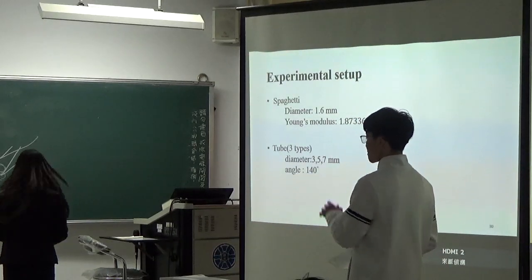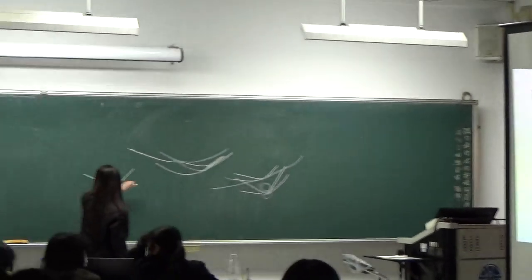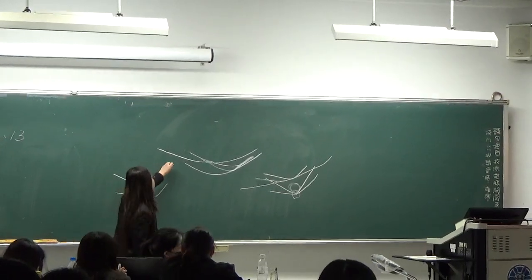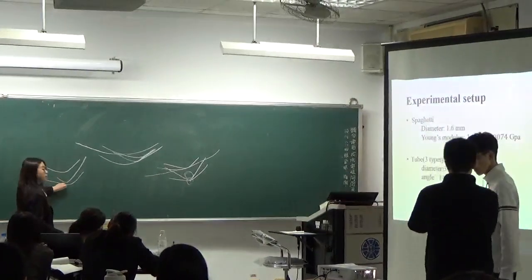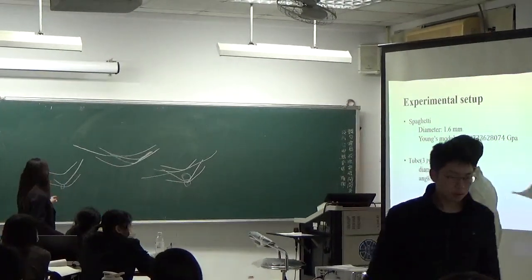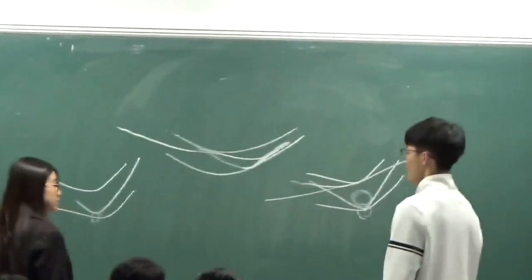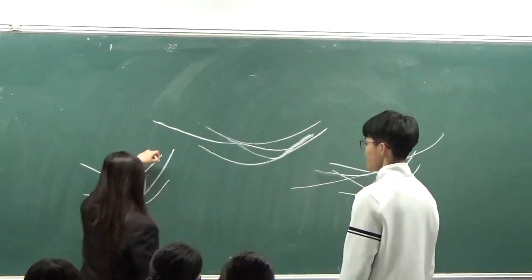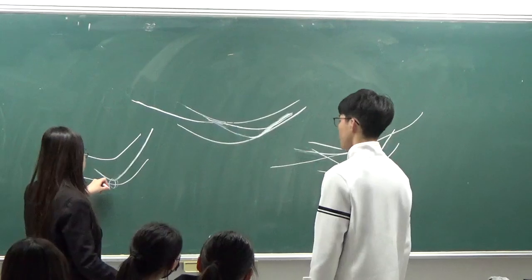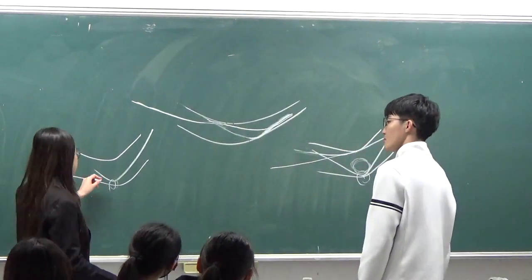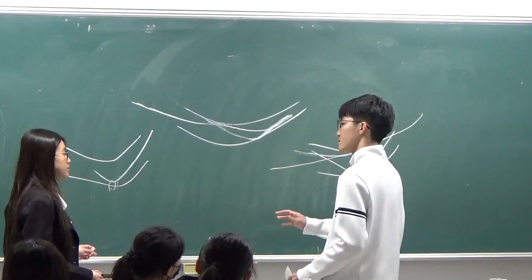Let me draw for you. I push it on this, and it will touch this one, and the velocity is 0, and another second it will come out. So I don't push any extra force. Right here the velocity is 0, and it's a critical point, right?